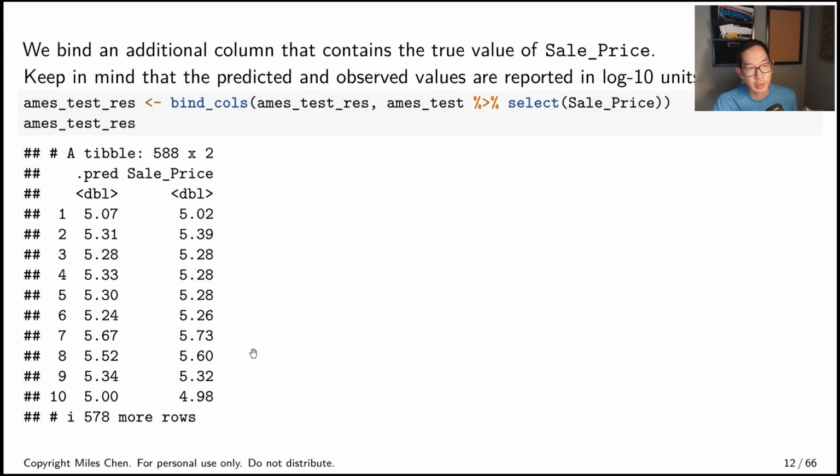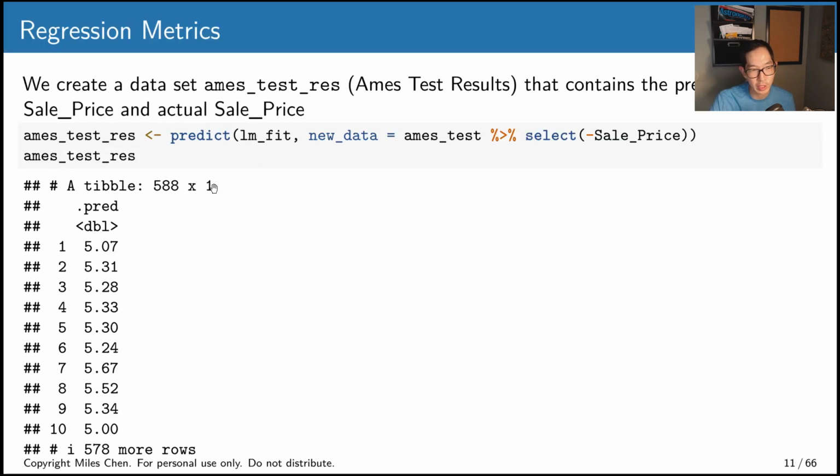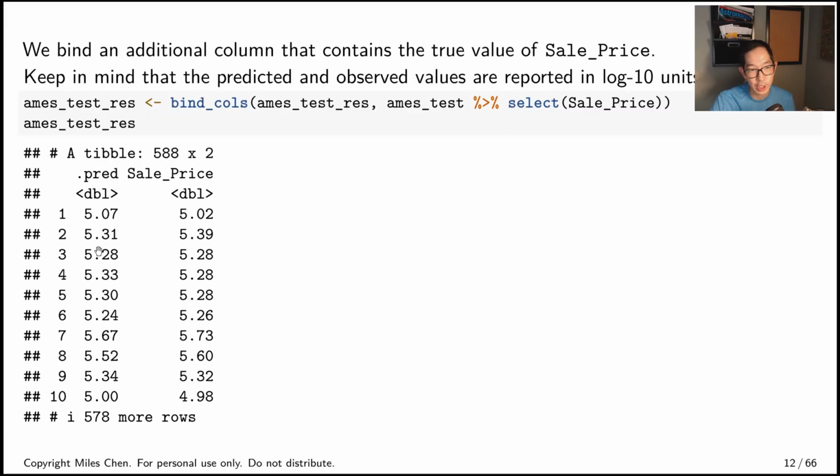And what we can do is bind the original sale price to our predictions. So we will call bind_cols. We'll take our test results, which just had this one column of .pred, and we are going to bind from this Ames test data that column, sale price.